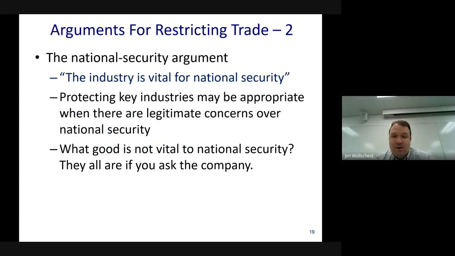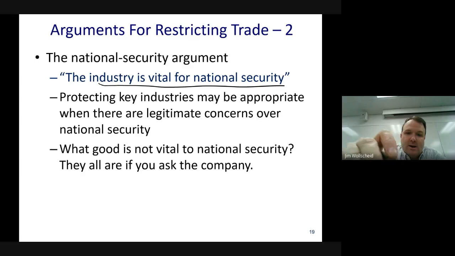Second reason for being against trade is that this industry is vital for national security. There probably are some. You can see it right now. Now I'm going to misspell their name, but if you look at discussions about China, and if you're paying attention to the United States, they talk about banning Huawei, restricting trade.